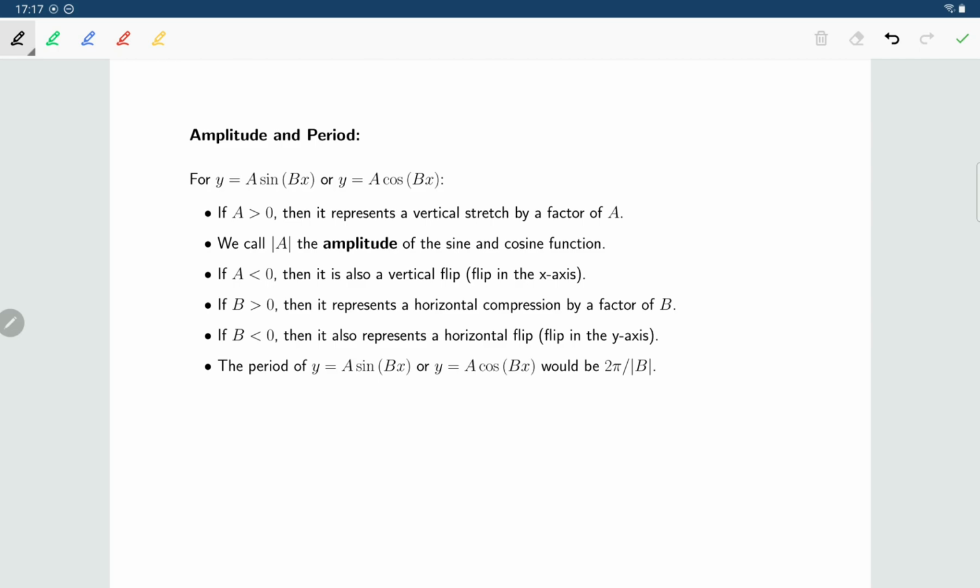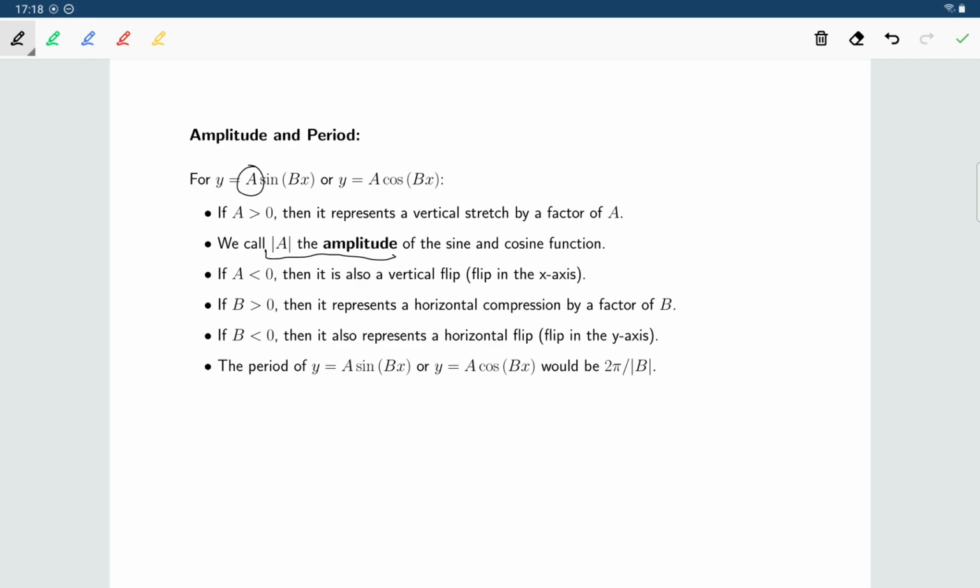So a couple of things to note here. We can say that this value of a, when we take the absolute value of it, we can call that the amplitude of our sine and our cosine function. Remember that for our sine and cosine functions, normally their maximum value is 1 and their minimum value is -1.